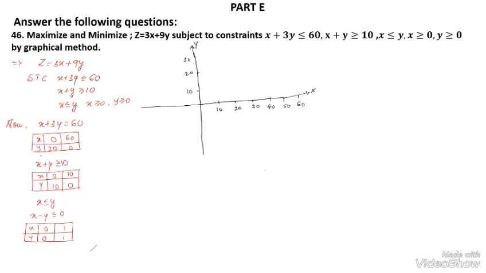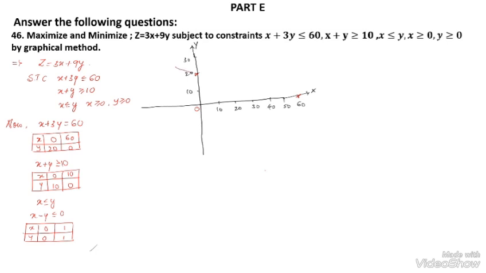Okay. For the first graph, I can represent here the first equation. This is the origin. At x equals 0, y becomes 20, and when y is 0, x is 60. Okay.